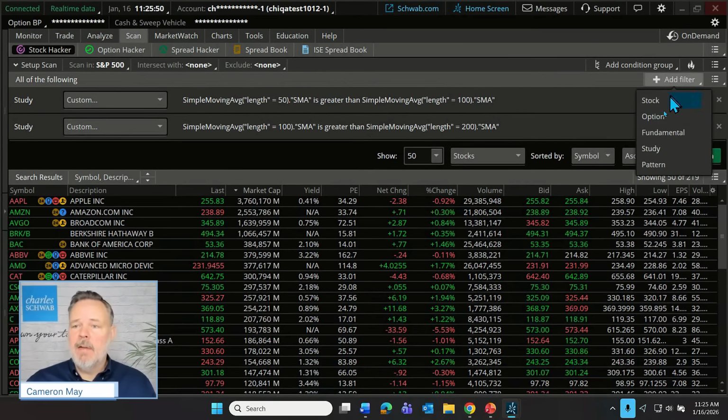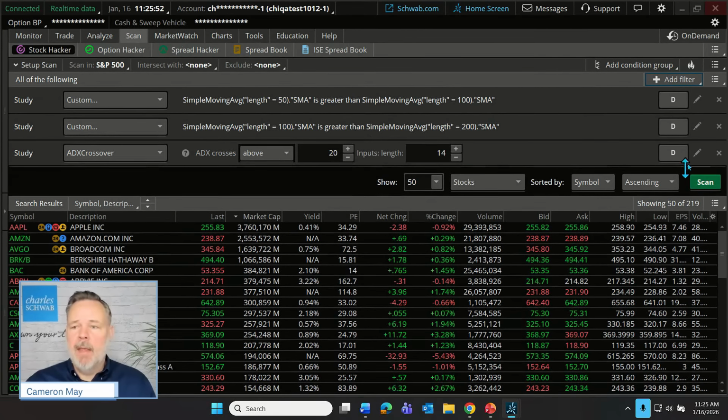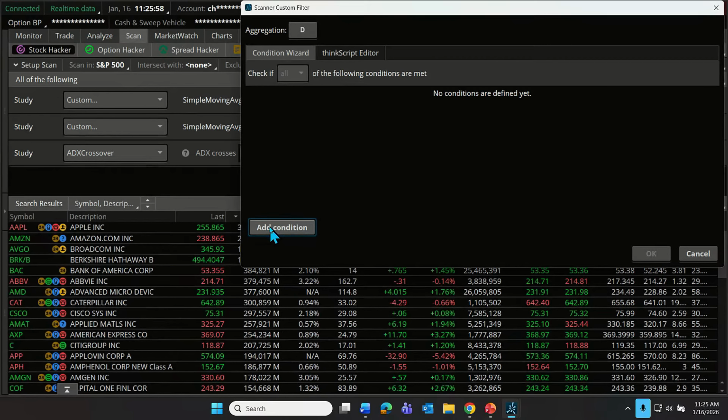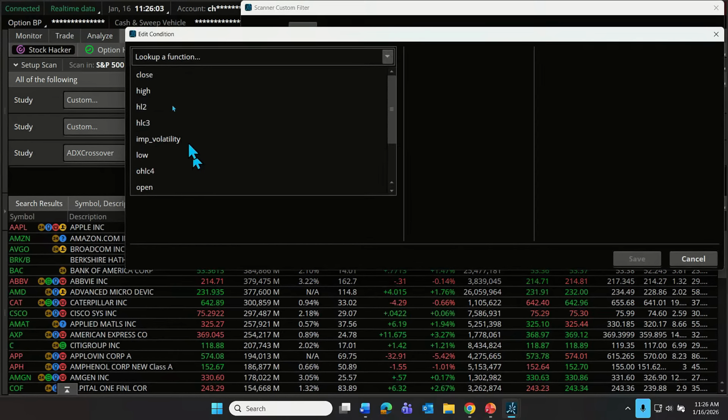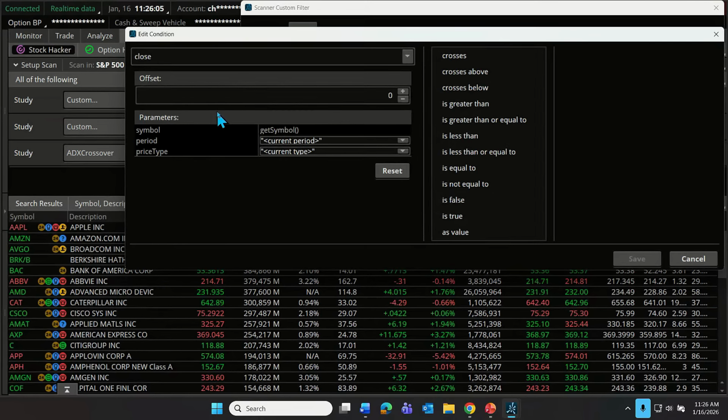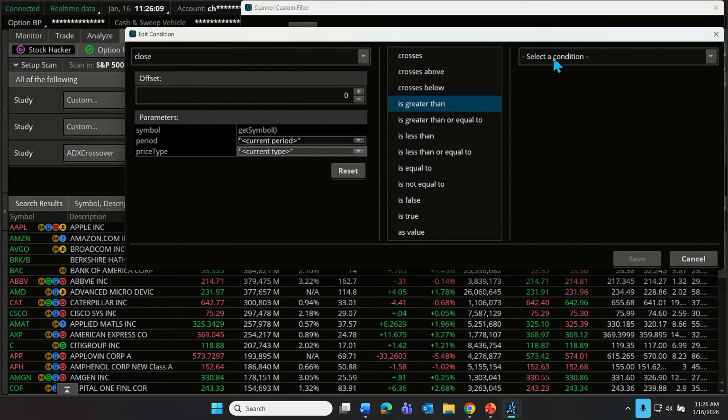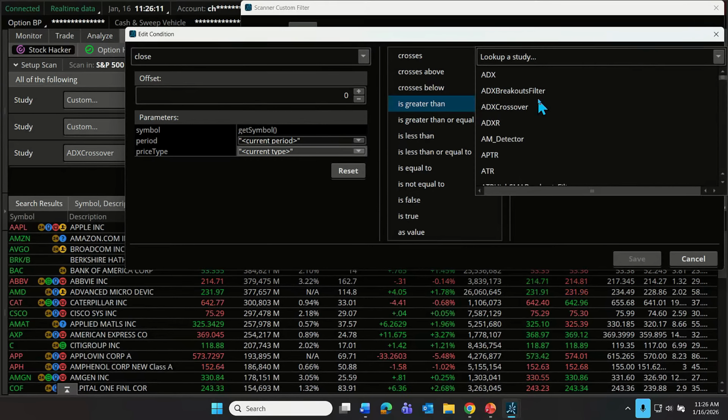So let's add another study, and we're going to customize this study as well. But in this case, let's delete this. Let's add our own custom condition. This is going to be a price requirement. And let's say we just want the close or the current price to be greater than the simple moving average.